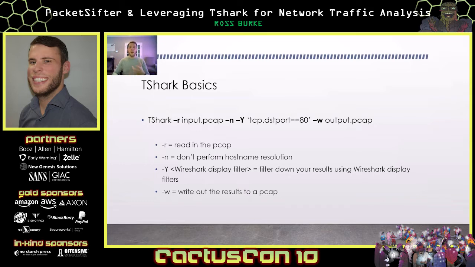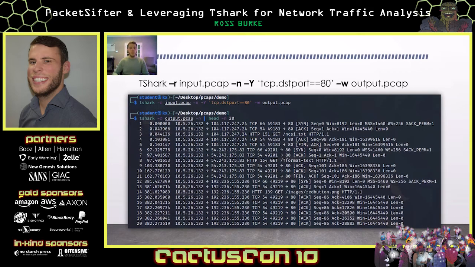So I'm going to write out my output to a file rather than printing it to my console. And this is the output of that. I ran the command at the very top there, and then I ran tshark -r output.pcap and piped it to head. Like I mentioned, you can use some of these native command line tools to enhance the capabilities of TShark on the command line.